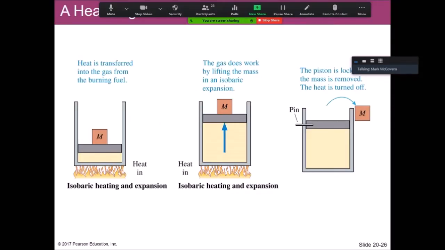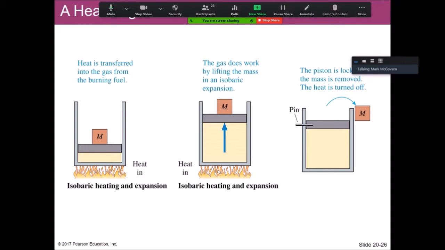So I'll just say that. All right, so let's look at a really simplistic heat engine and analyze it on a PV diagram. This is good stuff here. So this is not the only way that heat engines are done. Just be very clear about this. We are just creating a process that allows analyzing on a PV diagram to be done very easily. So in this process, we are going to have a mass that rests on top of a piston.